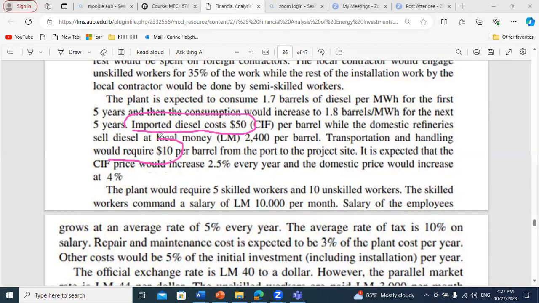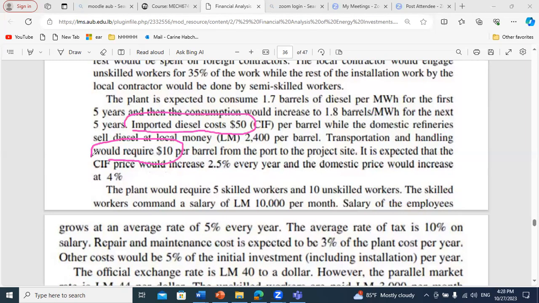Okay, pay attention. Sometimes, if they tell you also that in the economic analysis you should consider a reduction in the transportation and handling charge, then you should apply the reduction. But here they only mentioned that this reduction is applied on skilled, semi-skilled, and unskilled persons.